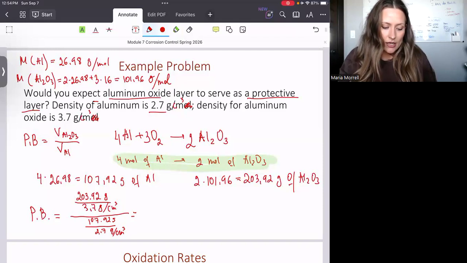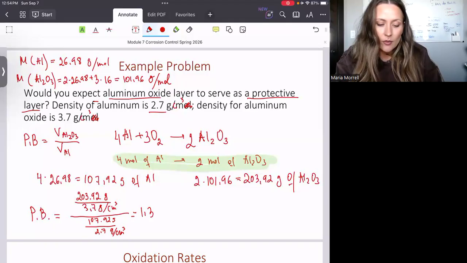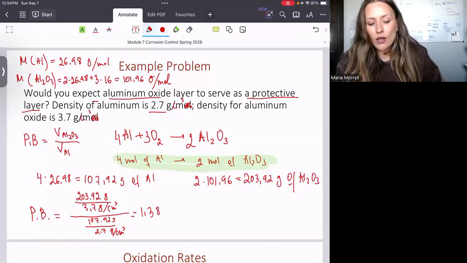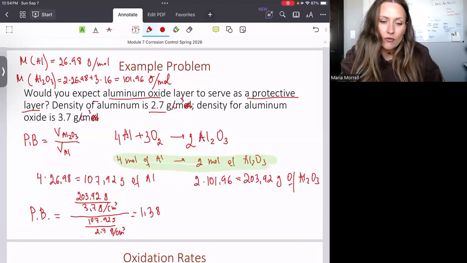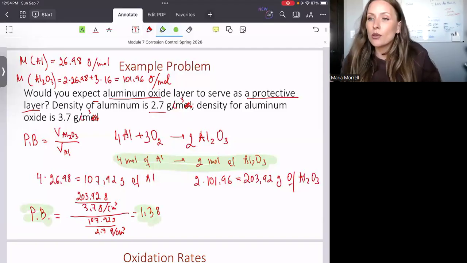The number that I see on my screen, rounded to 2 decimal places, is 1.38 PB ratio. And this is the PB ratio for aluminum oxide.